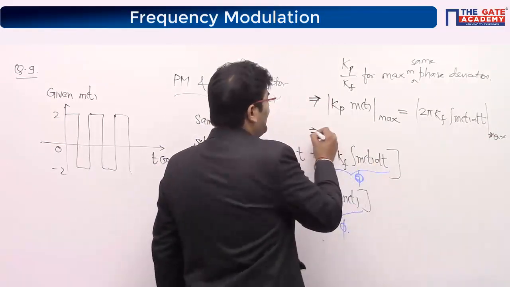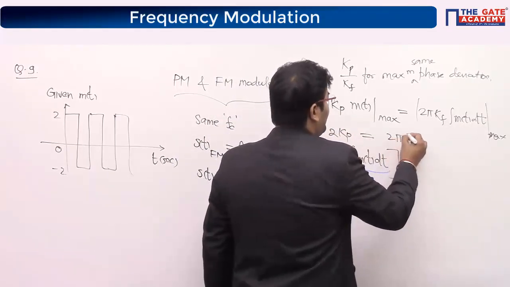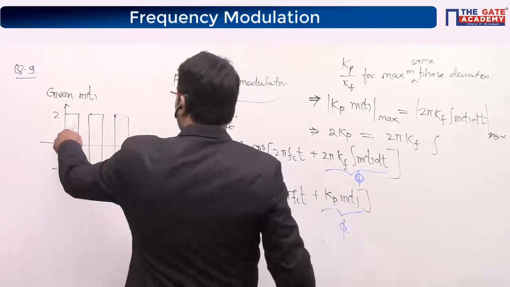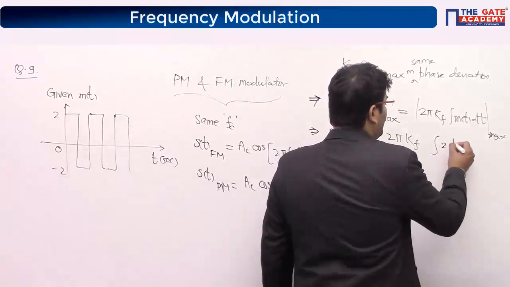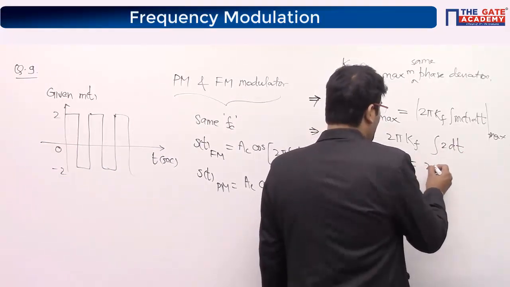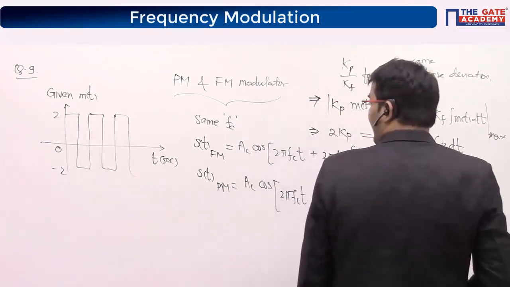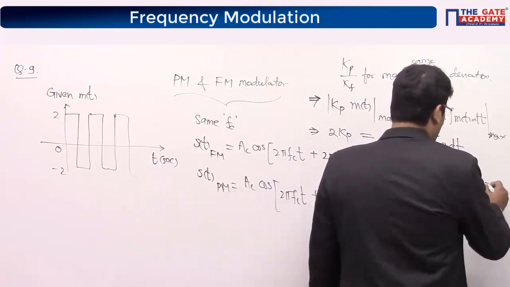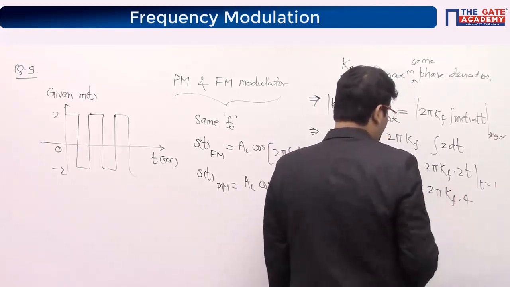So I can quickly say twice Kp is equal to 2 pi Kf integral of m(t) dt. So the integral, obviously we will take the maximum value, you will not take minus 2, so take 2 dt, right? If you integrate, it will become 2 pi Kf 2t, and the maximum value we will get at t equal to 2.